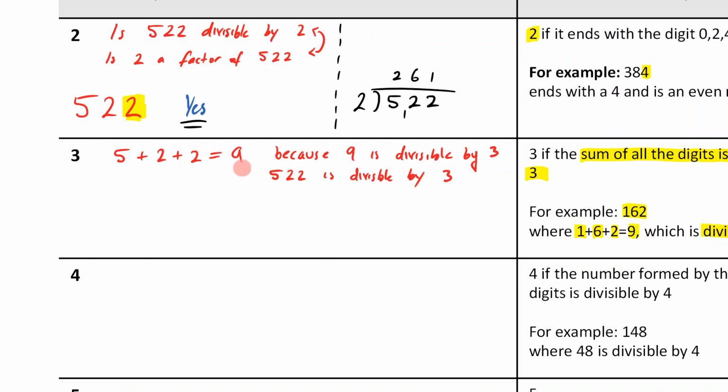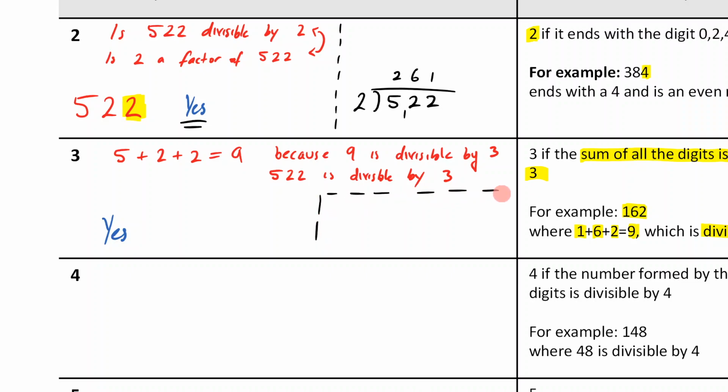So because the sum of the digits is divisible by 3, the number itself is divisible by 3. Once again, pretty cool. So let's write down yes for this one. 522 is divisible by 3. Remember, we've got the old-fashioned way of doing this, which we don't like to do, but we can.